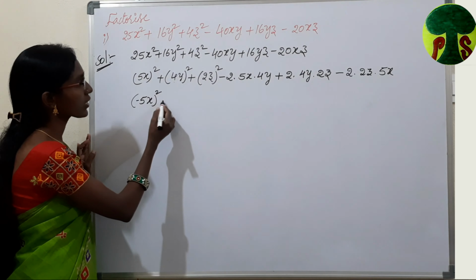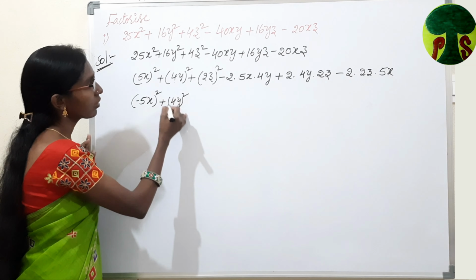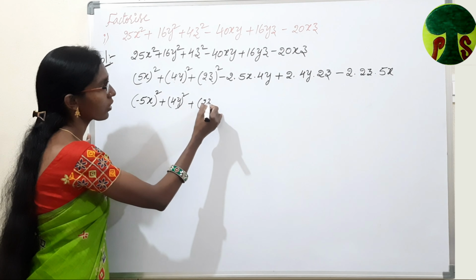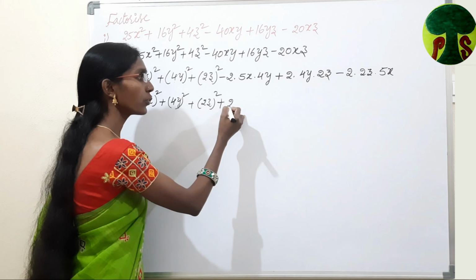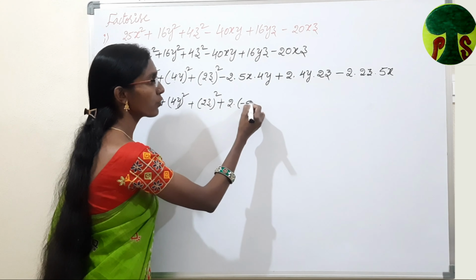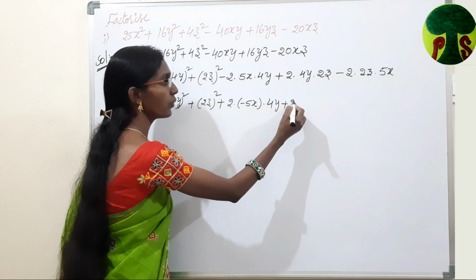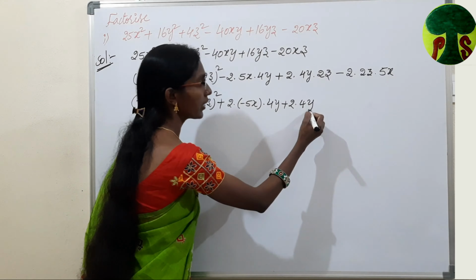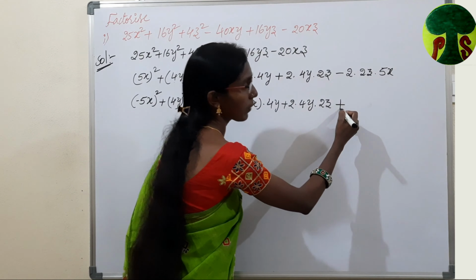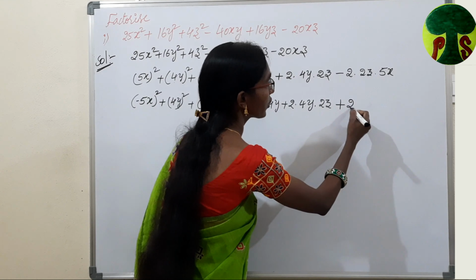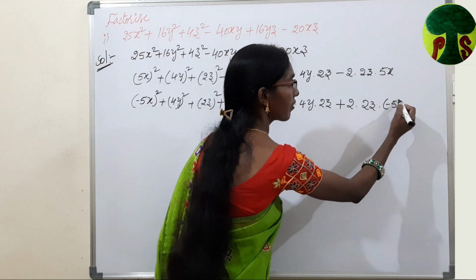So minus 5x whole square plus 4y whole square plus 2z whole square, plus 2 into minus 5x into 4y, plus 2 into 4y into 2z. This I am writing as plus 2 into 2z into minus 5x.